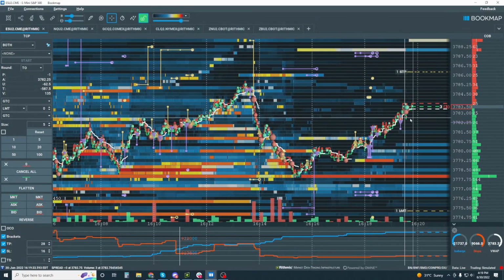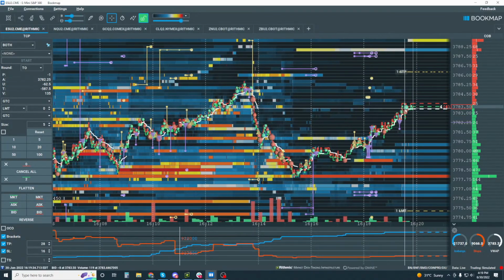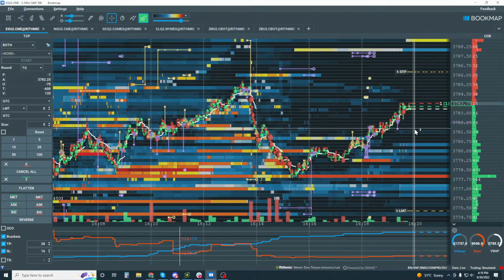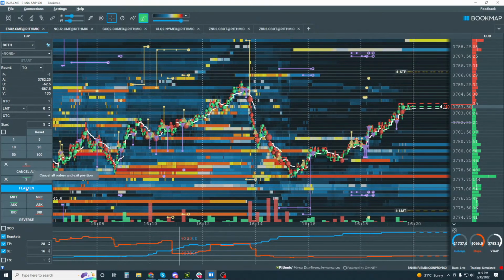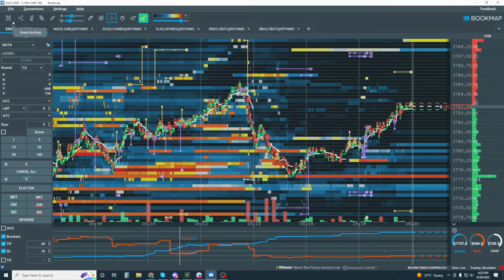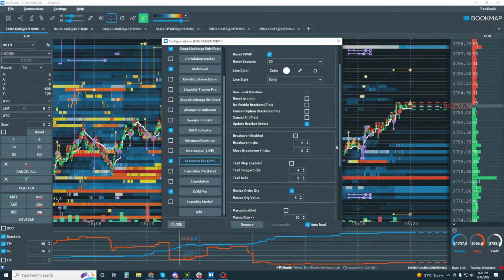Either protecting yourself with risk, or taking advantage of an opportunity, the functionality works. All right, let's move on to the next one.